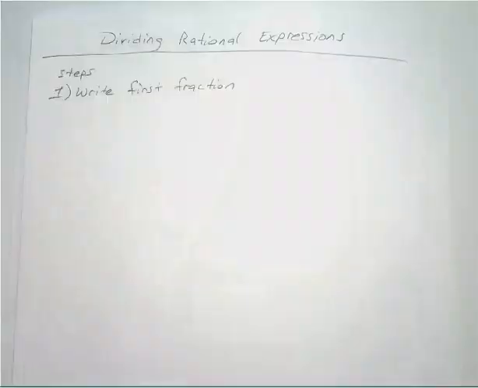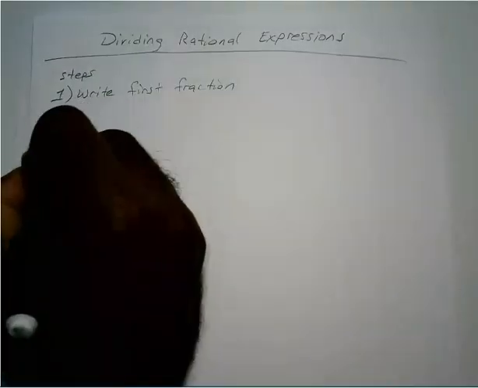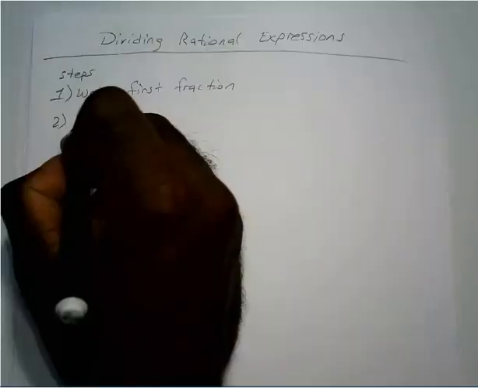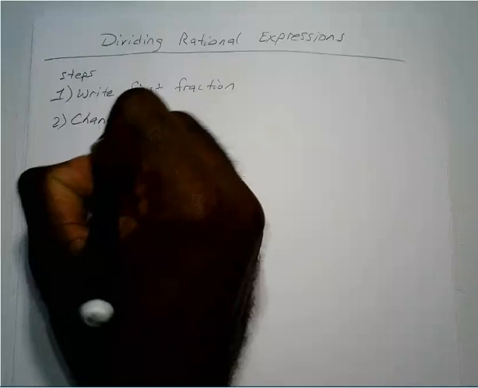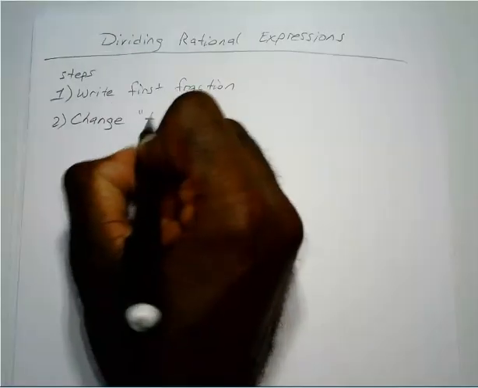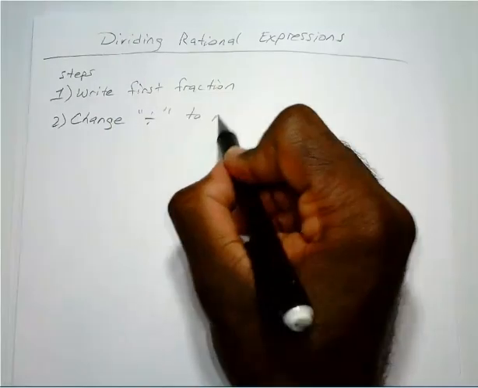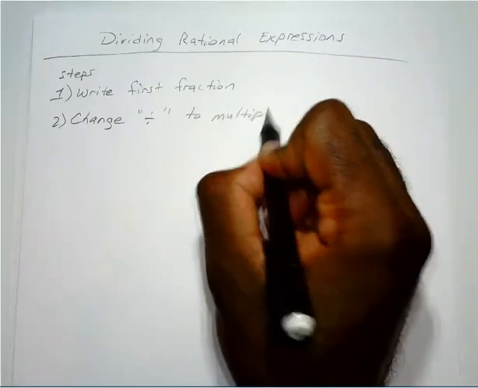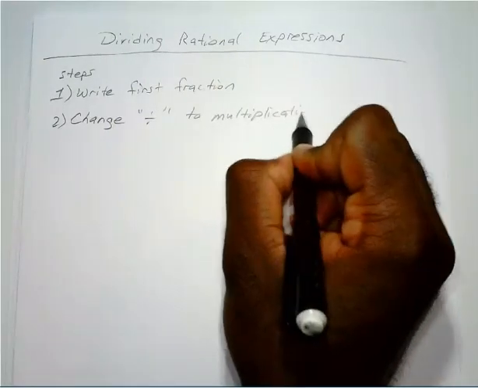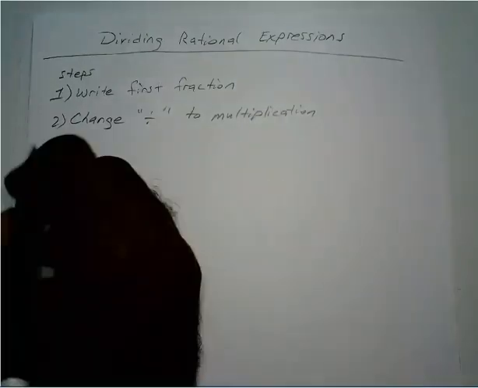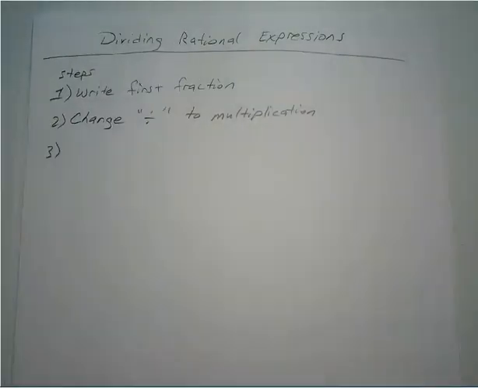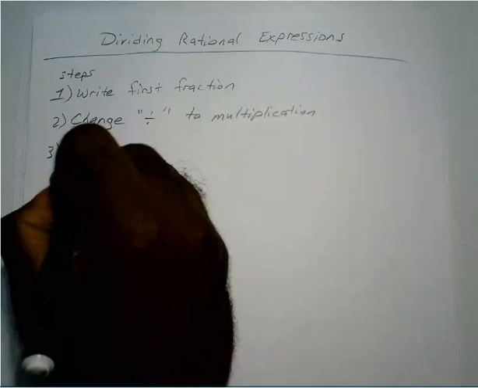Your second step, you're going to change your division sign to multiplication. And then you're going to get the reciprocal of your second fraction, or you're just going to flip your second fraction.